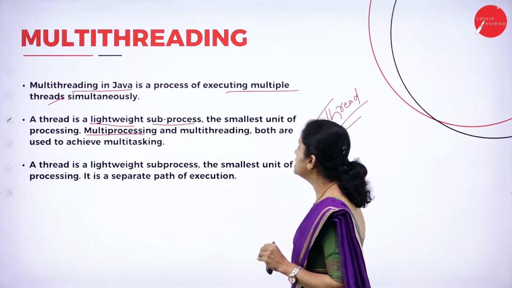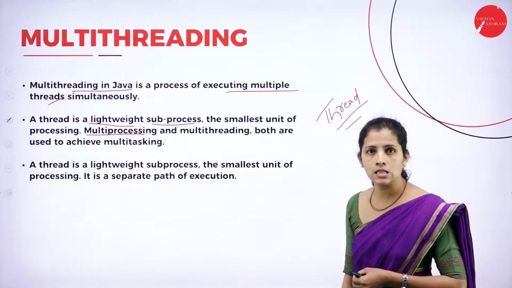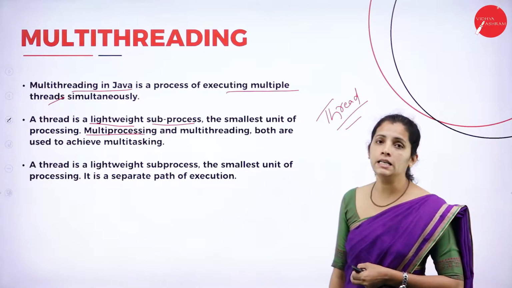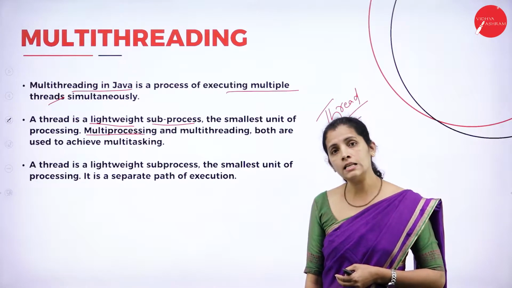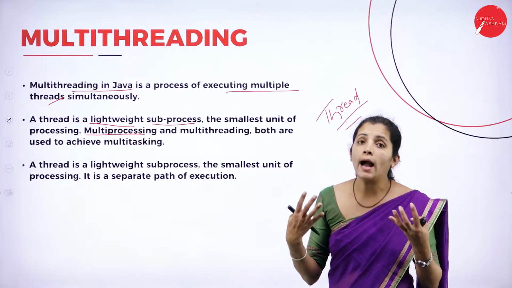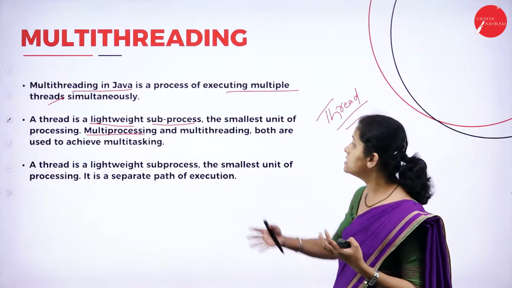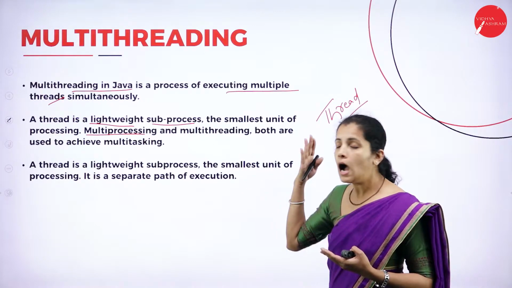Multi-processing and multi-threading both are used to achieve multitasking. So what is this multitasking? Multitasking means performing more than 2 activities simultaneously.